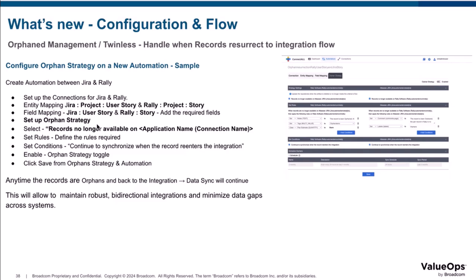I will set the field mapping, I will set the orphan strategy, and I will also define the rules and set the condition for when the customer thinks there is a need to handle the resurrected records. Then you can enable the condition, turn on the strategy toggle, save and enable the automation, and your synchronization will continue to work.